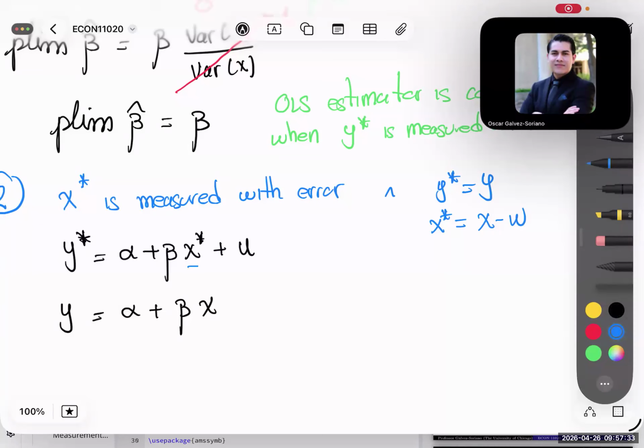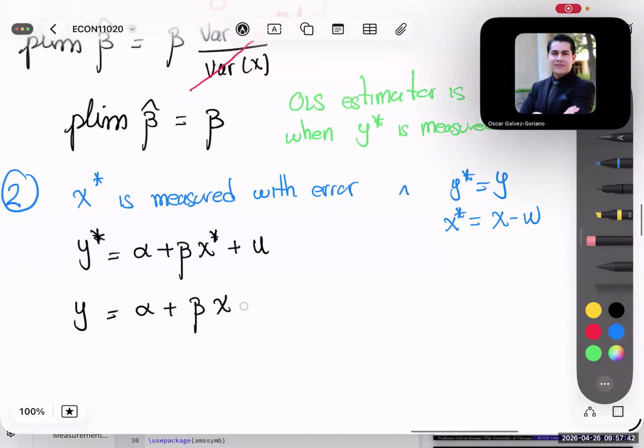And I'm going to replace the value of this x star by the definition of x star, which is beta x for the first term, minus beta w, plus my error term.